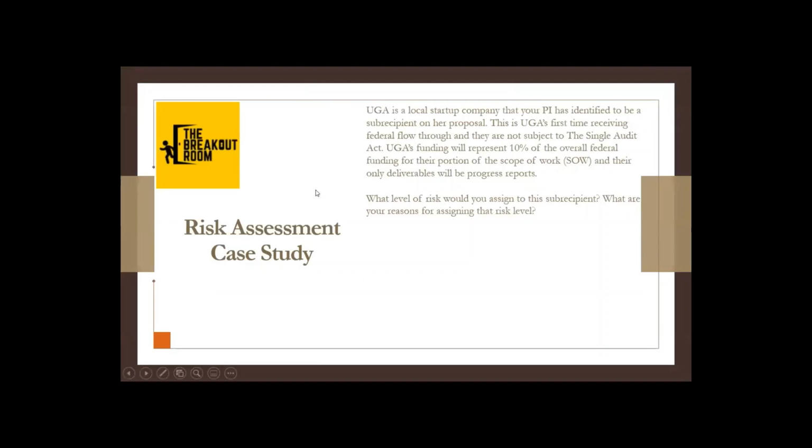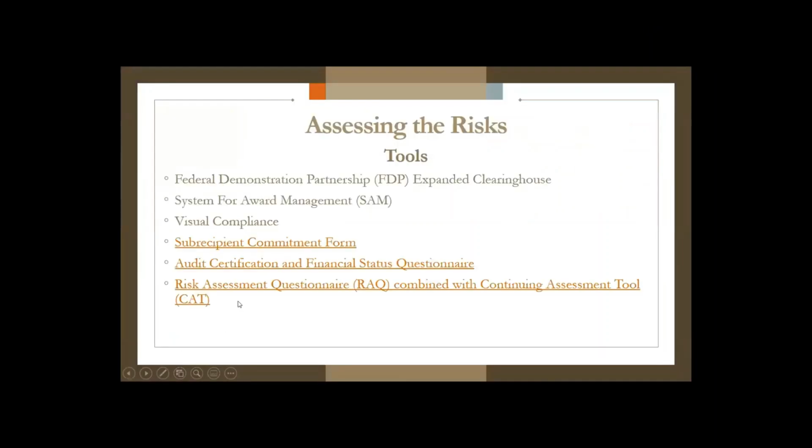A couple more questions. At what point in the process would this evaluation of risk take place? So it takes place in two places. The risk is evaluated at proposal stage, and it's also evaluated at award stage.